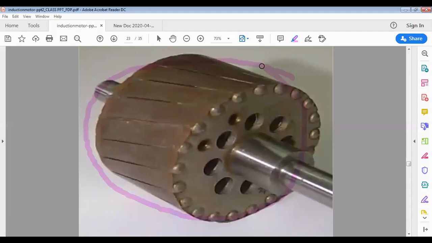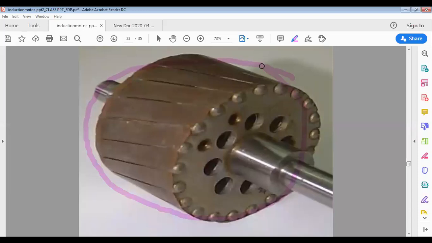And why is there a need to change the rotor resistance? Because if you increase the rotor resistance, the torque produced by the motor increases. Okay, so in applications like crane, elevator, hoist, wherever highest starting torque is required, go for a slip ring induction motor.